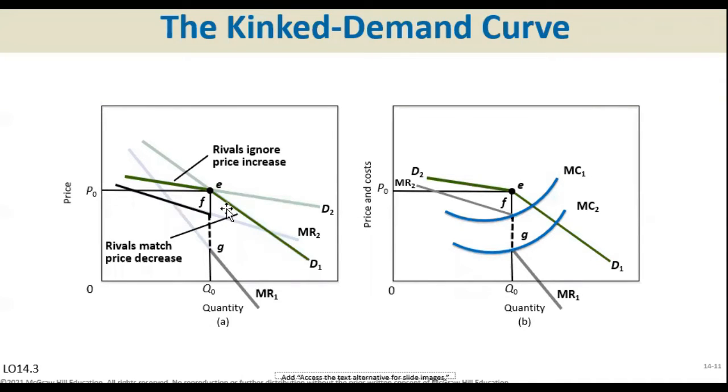And if you go to graph B, the issue is that firms will ignore any increase in price above P0, right? And any decrease in price, they're going to match.